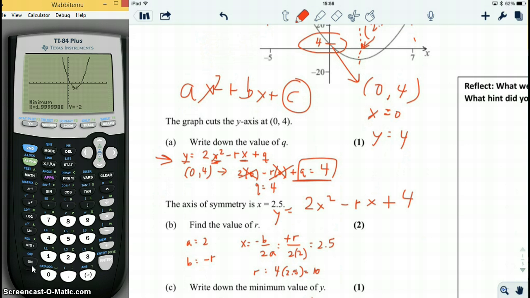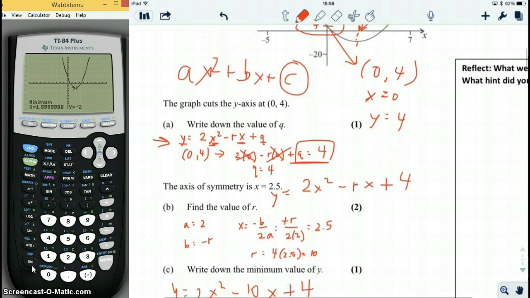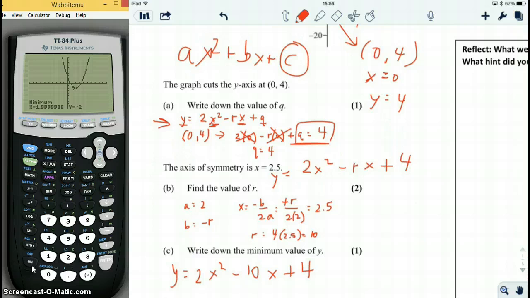Well, we know that there is the axis of symmetry going through the vertex, and it's x equals 2.5. So one of the things you can do is say, well, x equals 2.5. It's also equal to negative b over 2a.